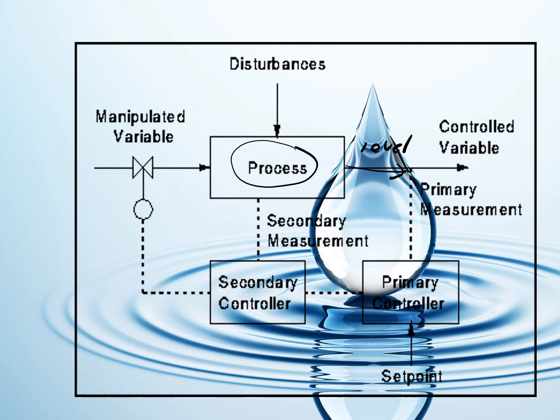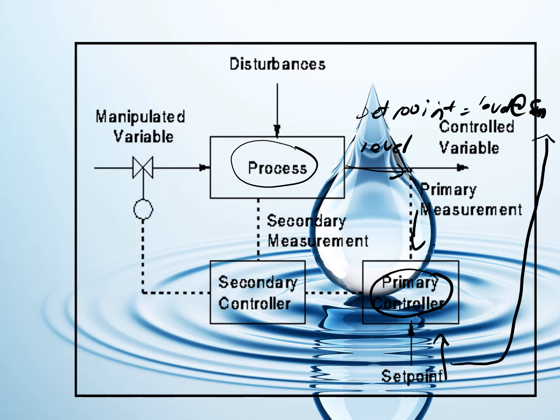The control variable is level, and the set point, for example, is level at 5 m. The sensor will measure the level from this process and send the data to the primary controller. So the set point is input to this primary controller, which I mentioned is 5 meters.